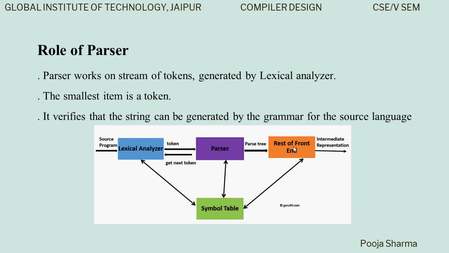On the other hand, the parser also takes help of the symbol table. As I said, whenever the lexical analyzer finds a new identifier, it installs this identifier into the symbol table and returns the index of the identifier to the parser as an attribute, in yylval or something like that.